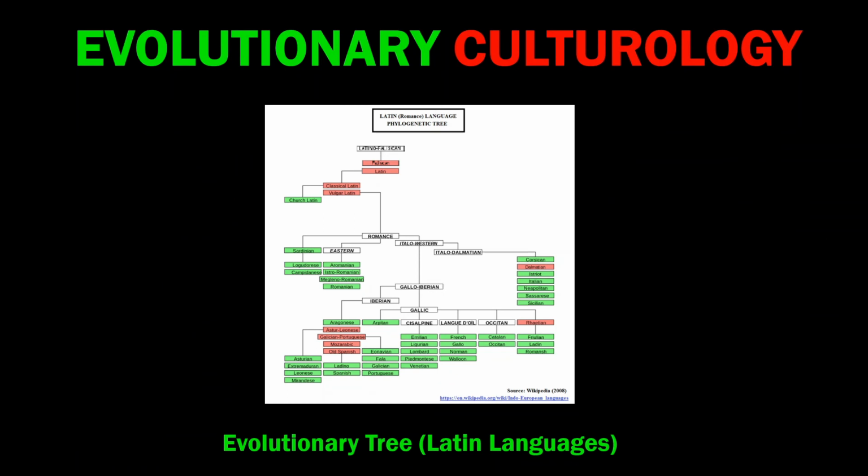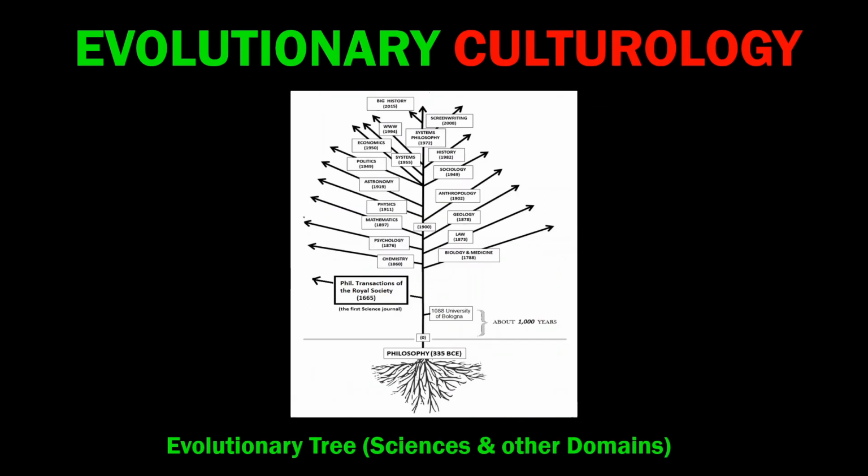We're used to seeing evolutionary trees of things like languages and the development of inventions, but we can also map the evolution of various sciences and the emergence of other domains over time.